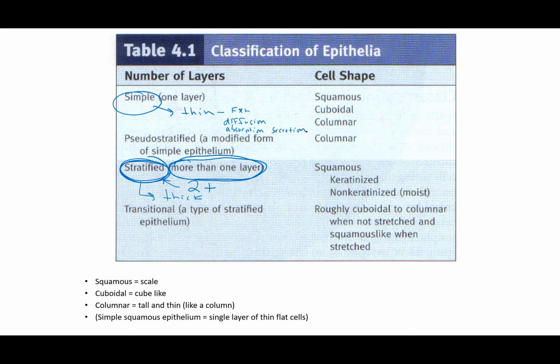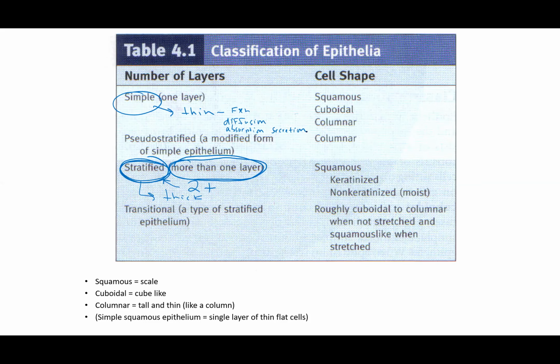If you're making your note cards, on the front side of the note card you would say something like this: What is the function of simple epithelial tissue, which means it's one cell layer thin?